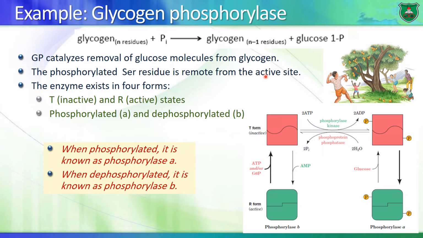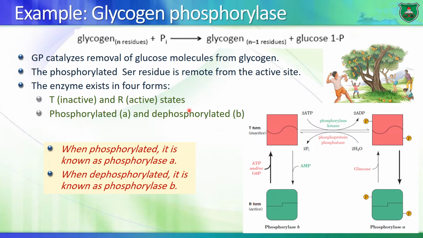Now this glycogen phosphorylase exists in 4 forms, so pay attention. You have what is known as a T form and an R form. T form means that the enzyme is not active. The R form means that the enzyme is active, just like hemoglobin. That's one.